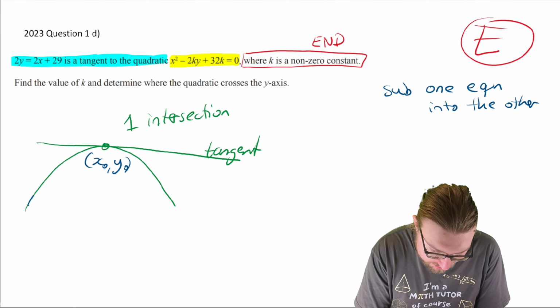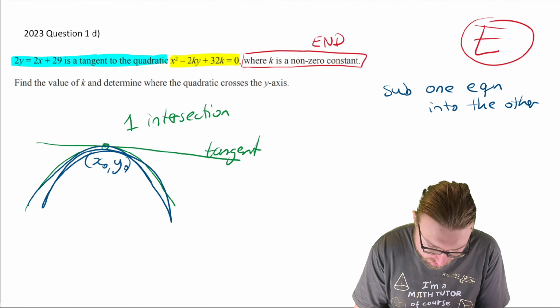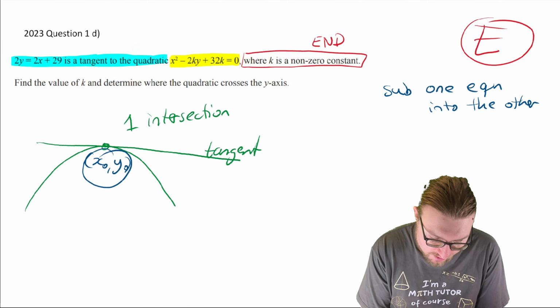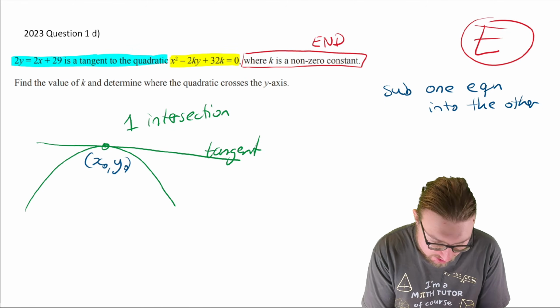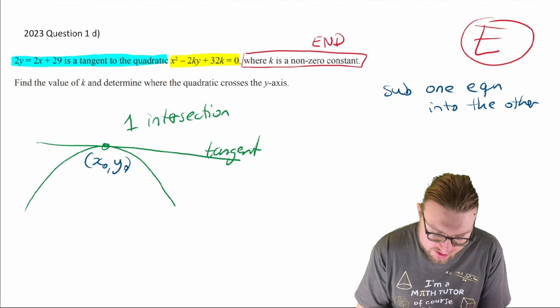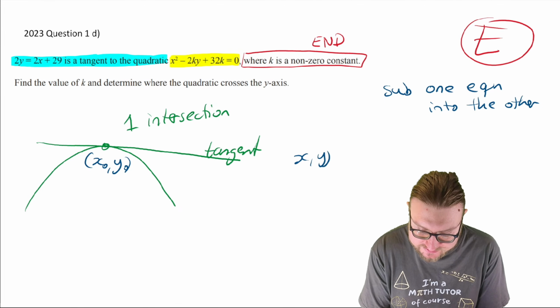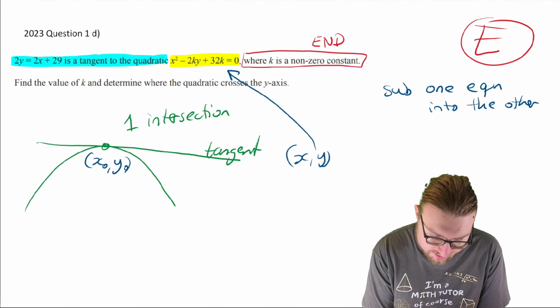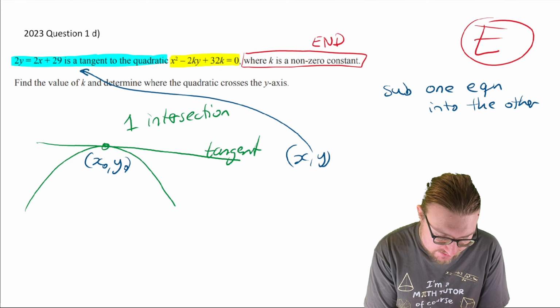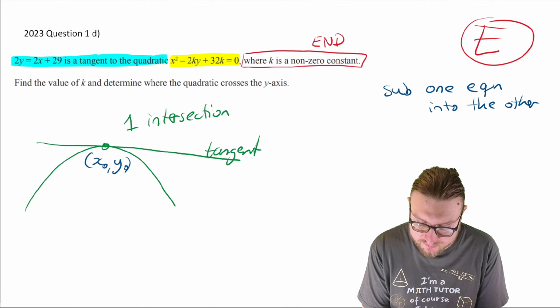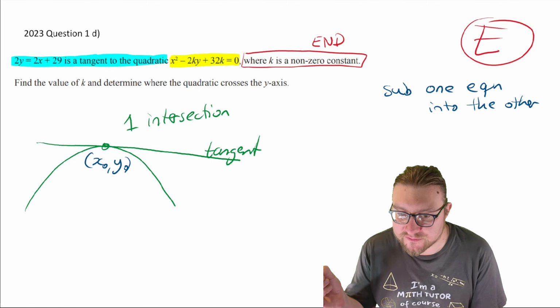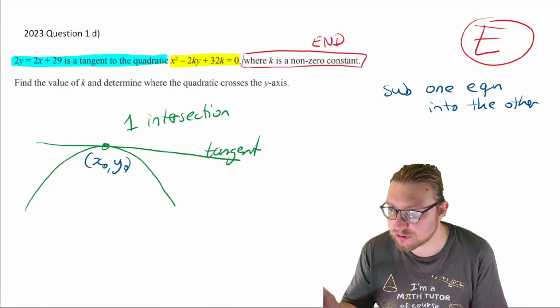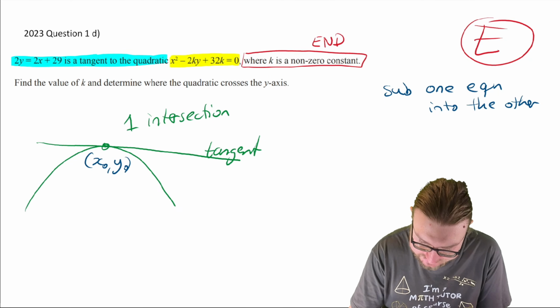So the points on the parabola are actually on this line as well. We need to find a combination of x and y that works for this at the same time as for this. In other words, the x and y values are the same for both. The intersection points are the same.